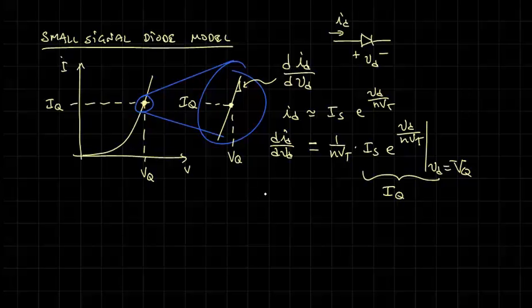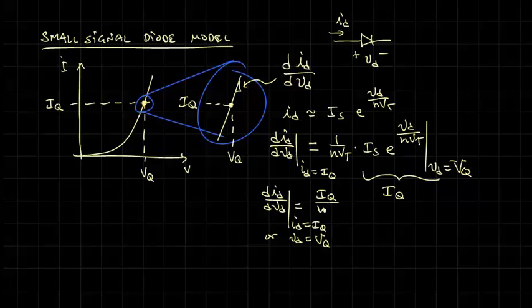So we have dID/dVD, evaluated at ID equal to IQ, or we could say at VD equal to VQ, is going to be equal to IQ over N VT, and the units are going to be mhos, right?